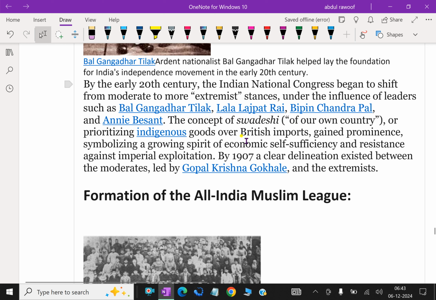The concept of Swadeshi, of our own country, or prioritizing indigenous goods over British imports, gained prominence, symbolizing a growing spirit of economic self-sufficiency and resistance against imperial exploitation. By 1907, a clear delineation existed between the moderates, led by Gopal Krishna Gokhale, and the extremists.